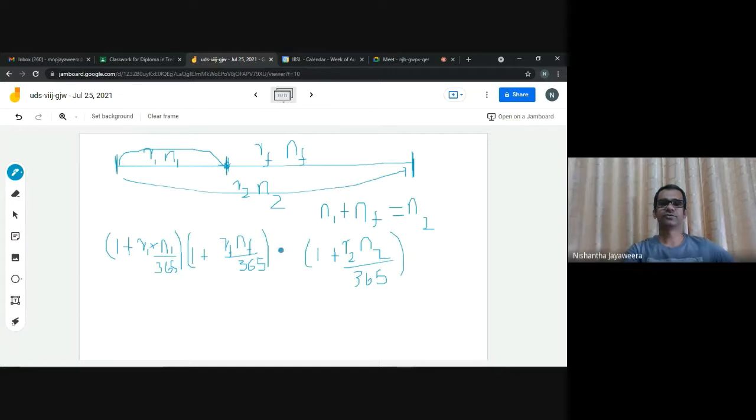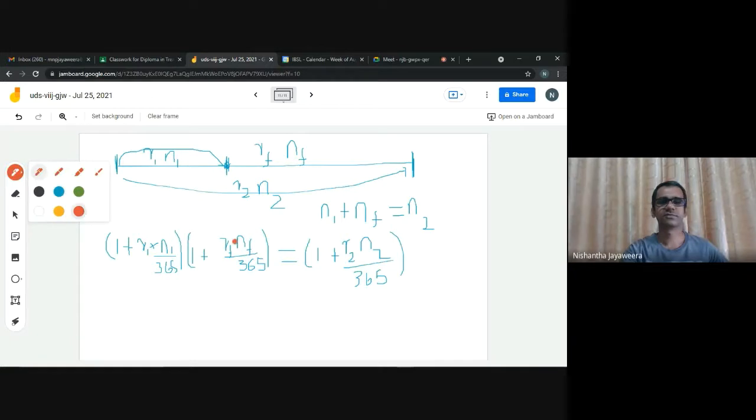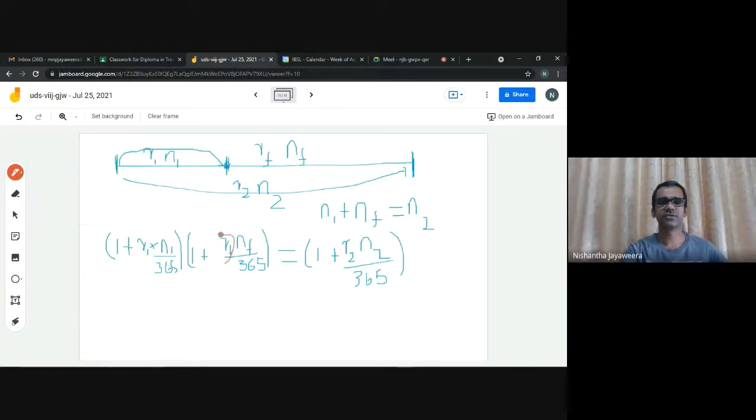So you equate, make it equal both sides. Now what you don't know? Only thing that you don't know is RF. That's what you have to find out. Do some calculation.